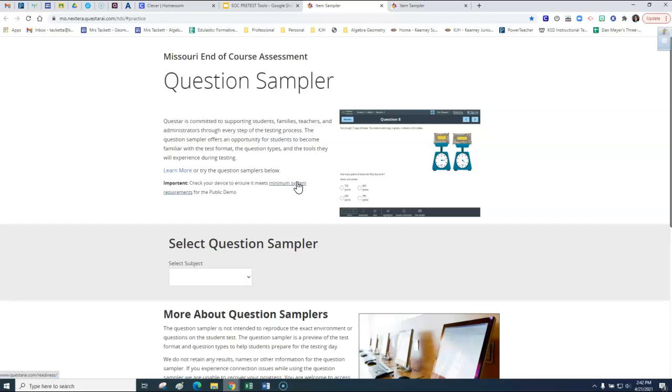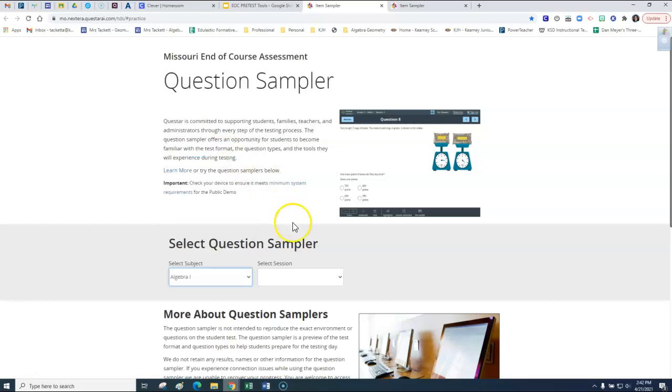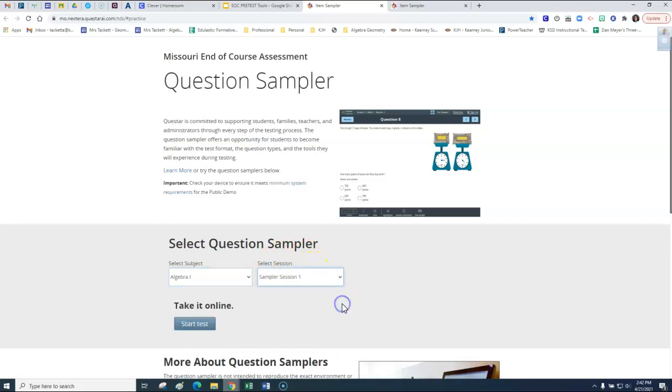So I'm going to select a question sampler. So actually, I'm going to come up here and I'm going to go to Algebra 1. And then next it says select a session. So we're going to go to Session 1.